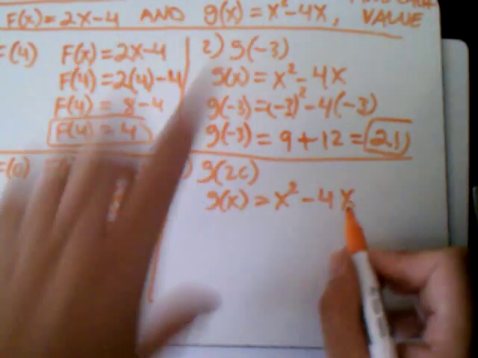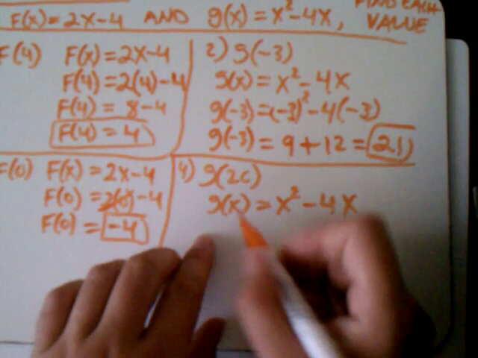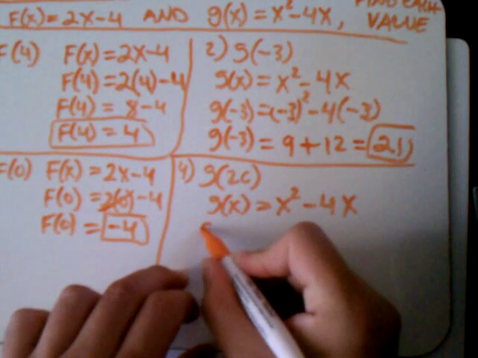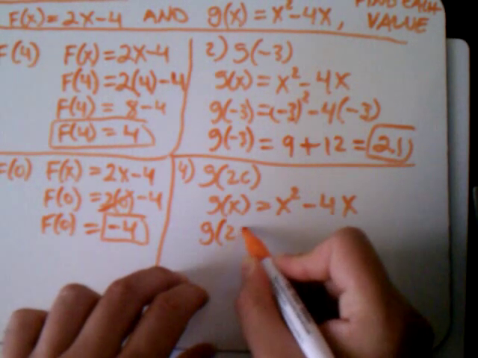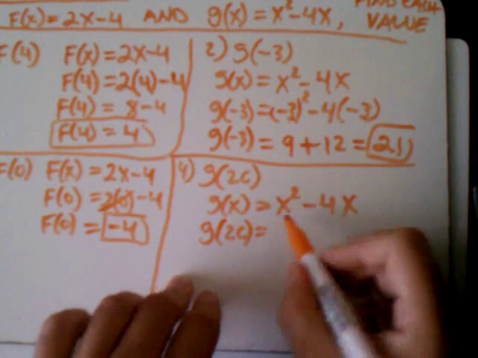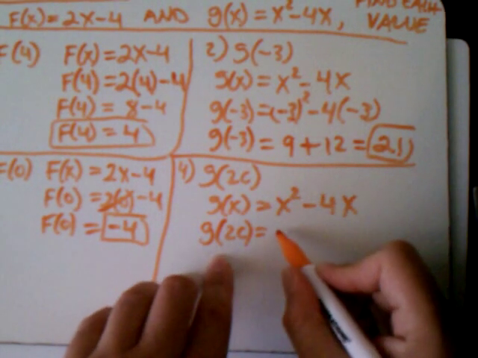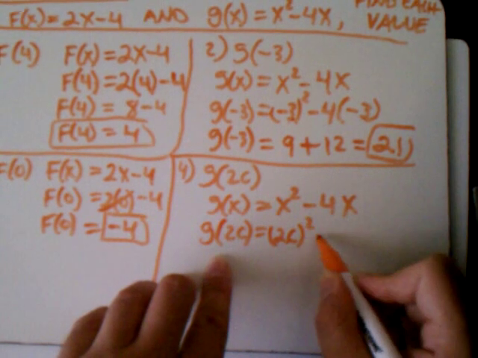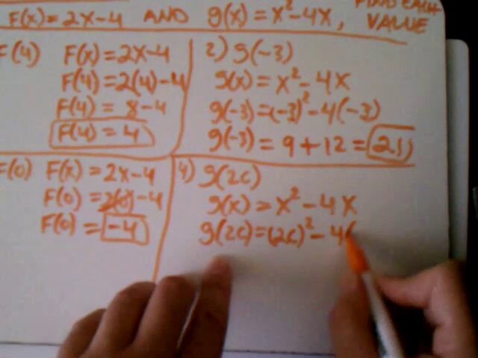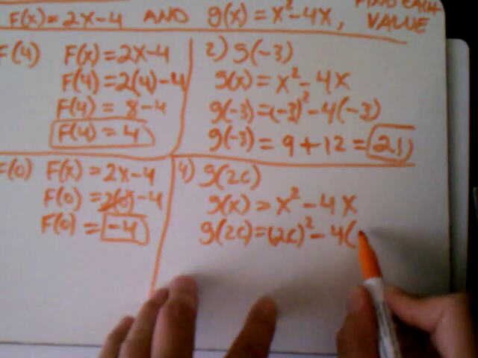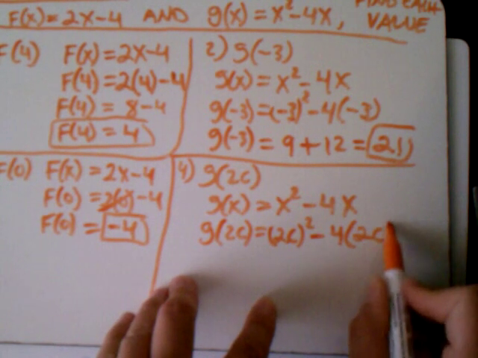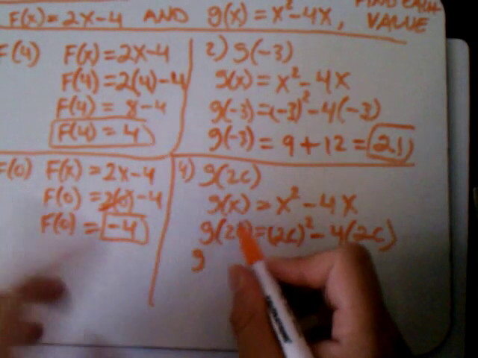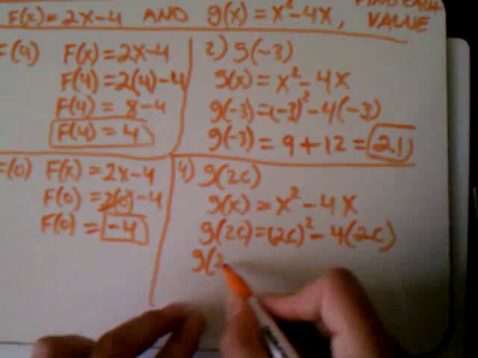Okay, again, instead of x, they want me to replace it with 2c. So I'm saying g of 2c equals, this is x squared, so I'm going to write 2c squared minus 4 times, instead of my x, 2c. Okay? So I have, remember, the left side is just a name.